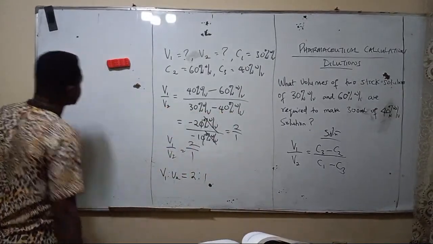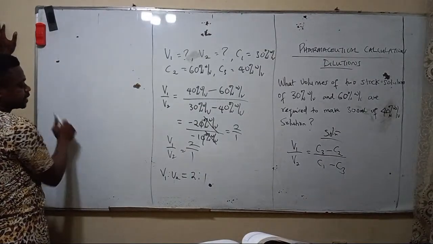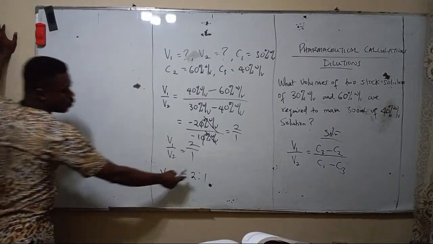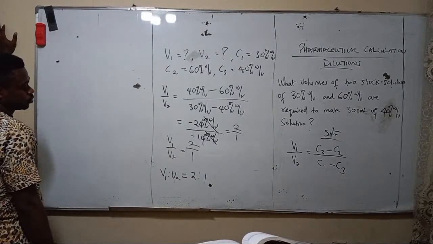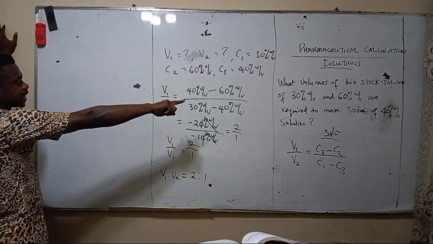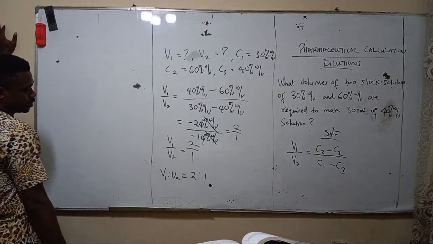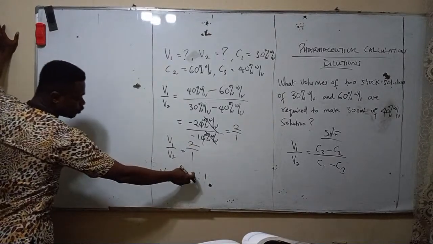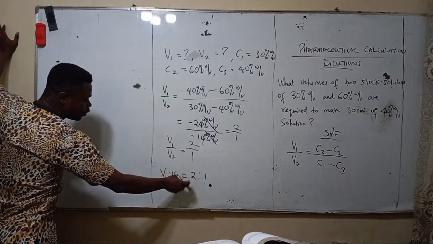Since the ratio is 2 to 1, and the final volume is 300, if you sum the ratios, 2 plus 1, you get 3.